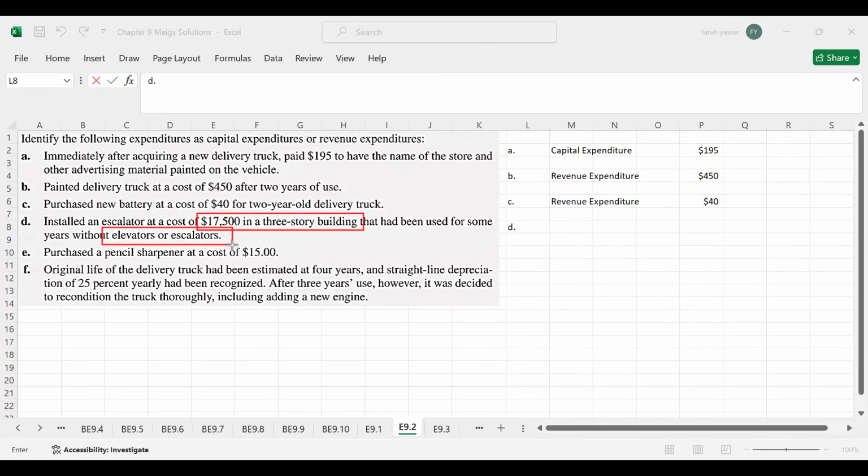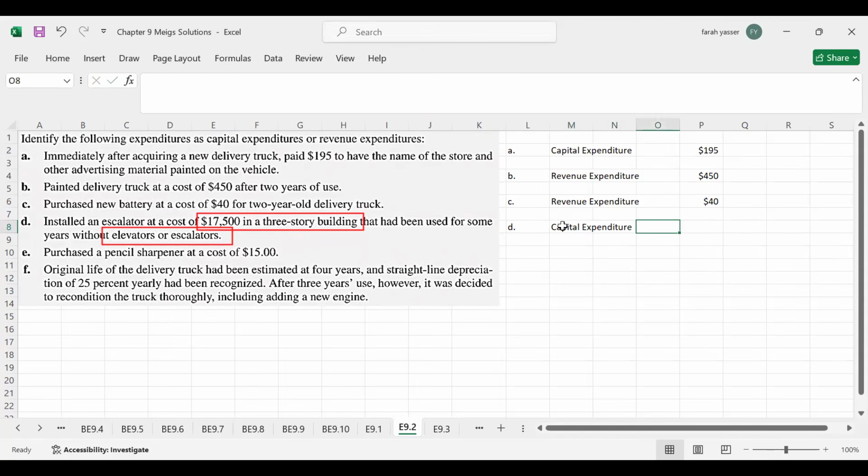So the installation of this escalator is basically going to increase the cost of the building, because this escalator is a one-time expense. It is not recurring in nature, and this will increase the earning capacity or working ability of the building. So this installation will become a capital expenditure.